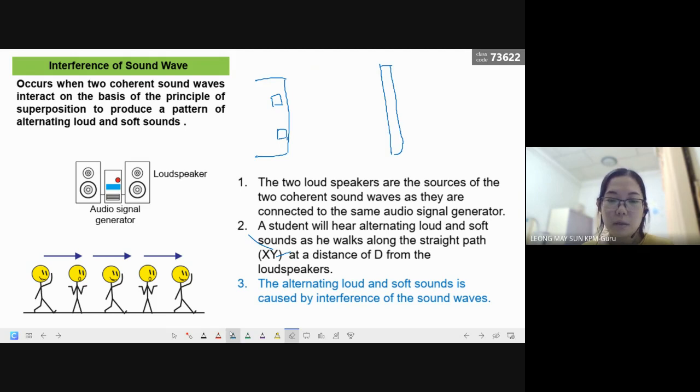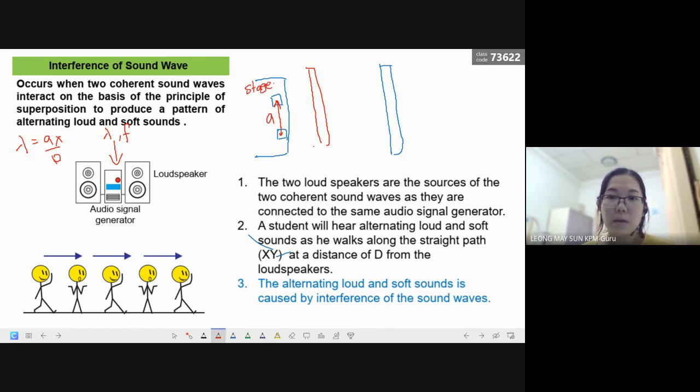So our formula for interference is lambda equals AX over D. Lambda is coming from that audio signal generator, which means the wavelength and the frequency are fixed. The distance between the two speakers is our A. Let's just say I have a row of students sitting at the front and a row of students sitting at the back. This is the stage.